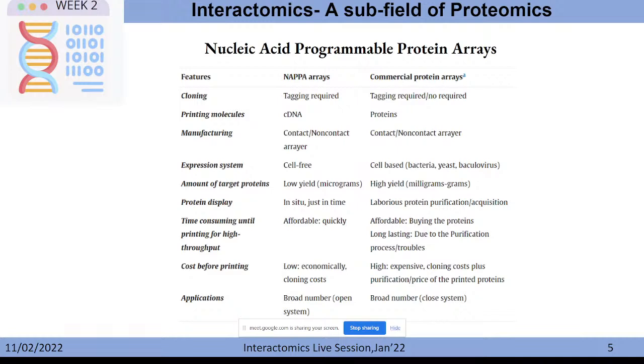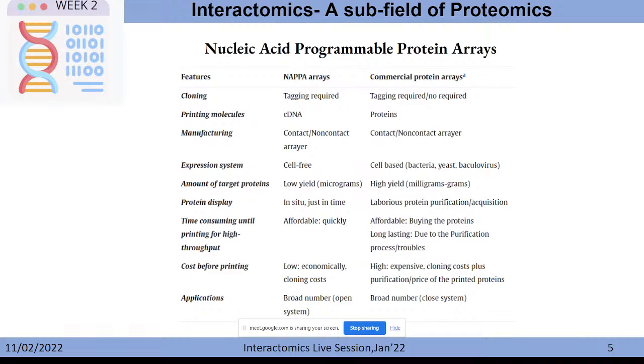In commercial protein arrays, if you want to print all those proteins in an array, you would need to either buy the proteins or go through rigorous purification processes. If you look at the cost aspect, it is quite low in NAPA arrays.